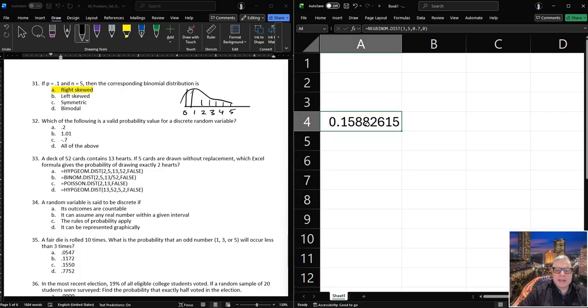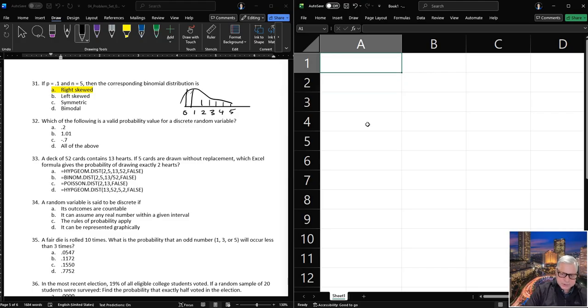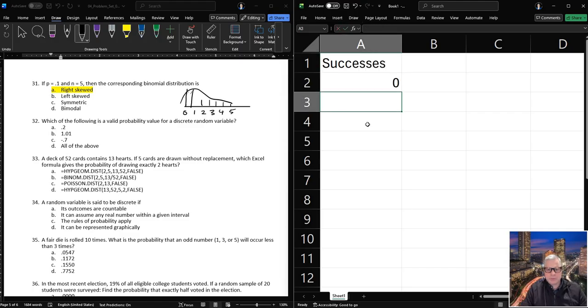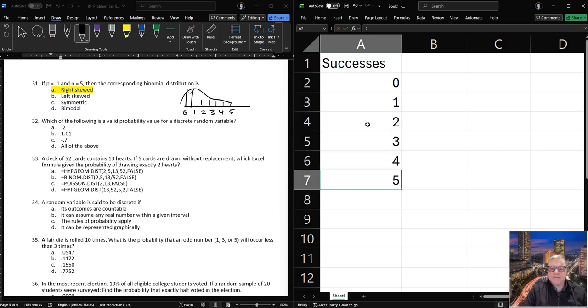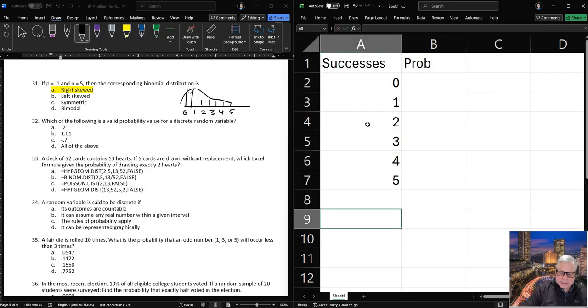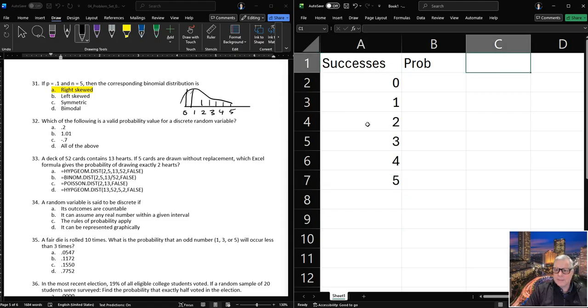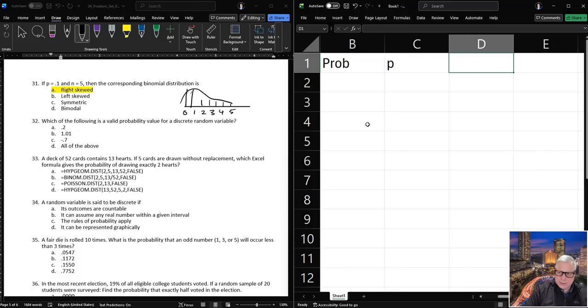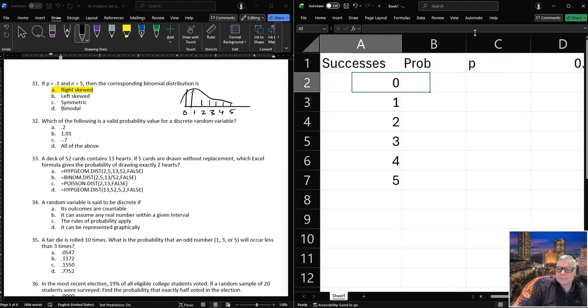Now if you want to, we can quickly simulate that again in Excel. Let's do it for 5 successes: 0, 1, 2, 3, 4, 5. Probability, as a function of a p that you can choose, so let's say 0.1.